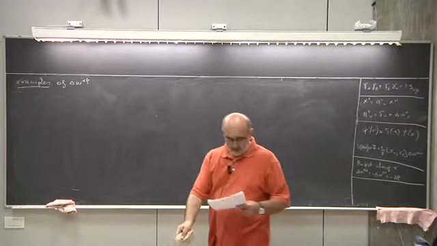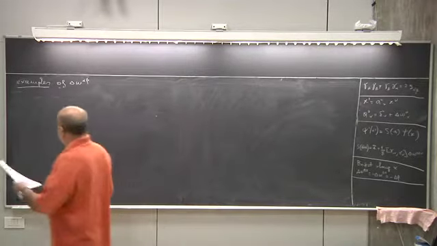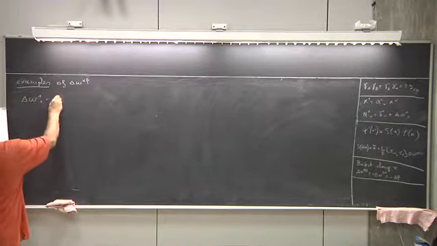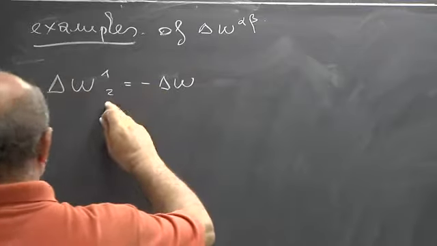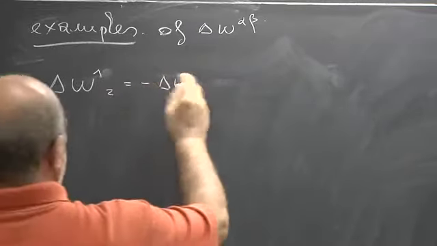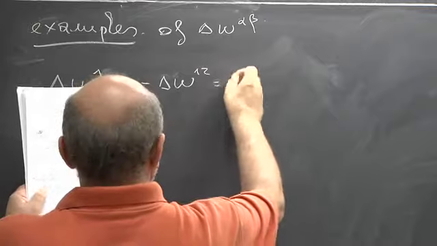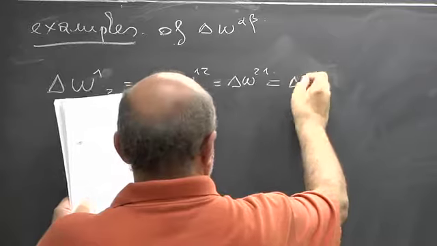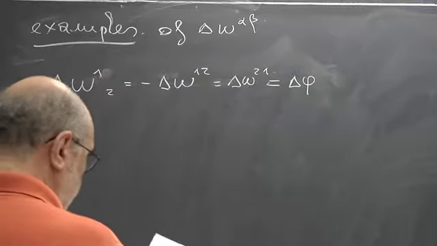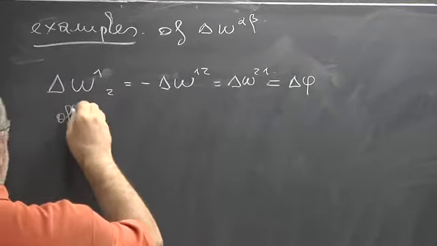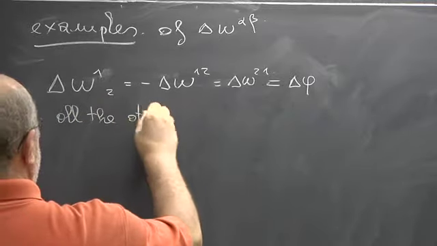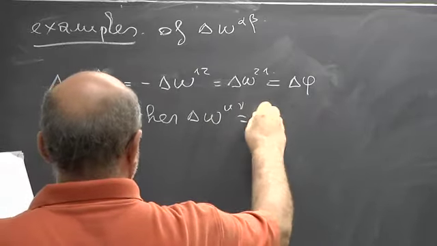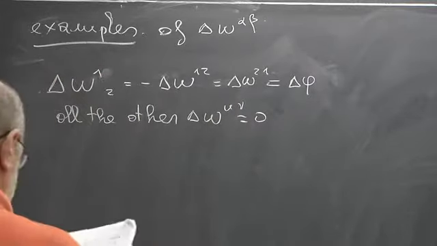So let me make this choice: delta omega 1 2, minus delta omega, I bring the 2 up, then I change sign, 1 2 equal to delta omega 2 1, and let's suppose this is a small parameter delta phi, and all the others delta omega mu nu equal 0.